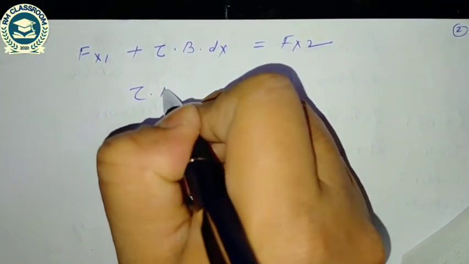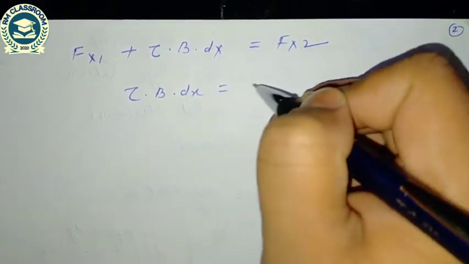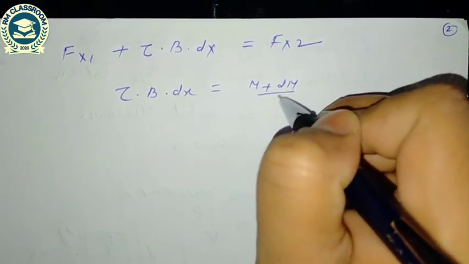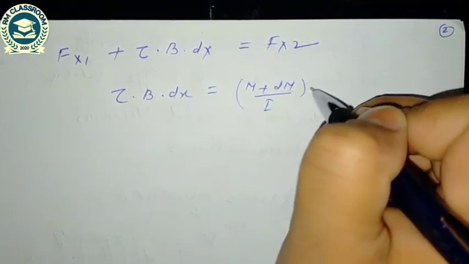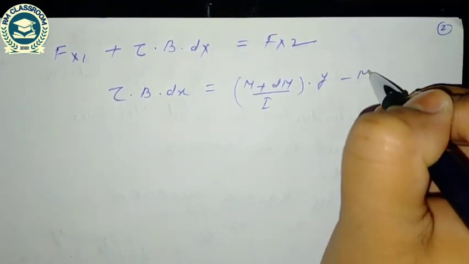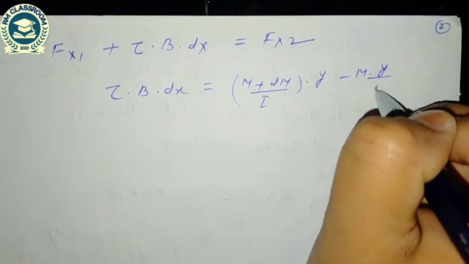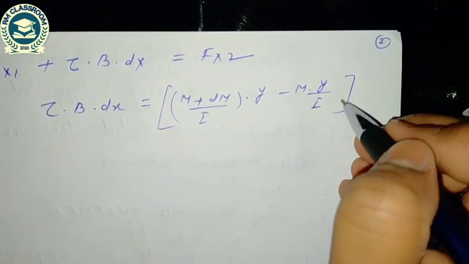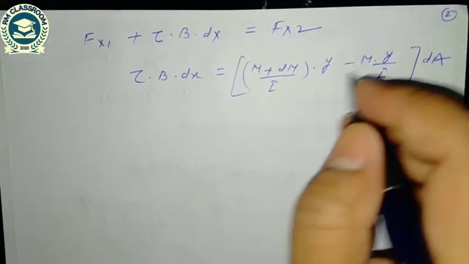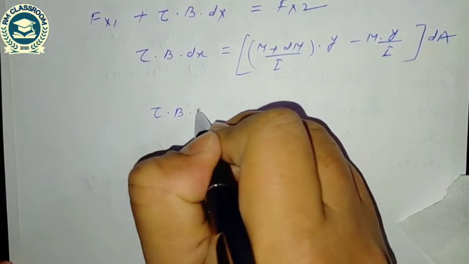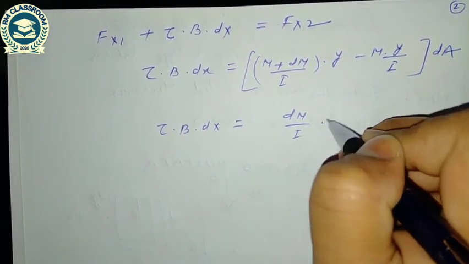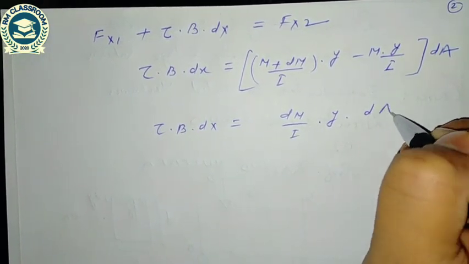So tau into b into dx is equal to (M plus dM) by I into y minus M into y by I, into dA. So tau into b into dx is dM upon I into y into dA.